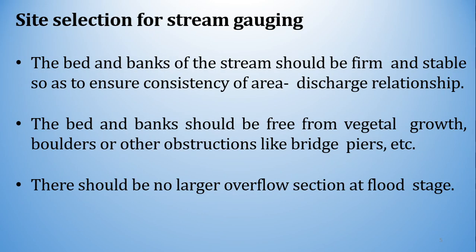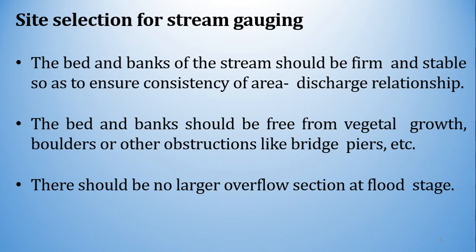Now the site selection criteria for stream gauging. The bed and banks of the stream should be firm and stable so as to ensure the consistency of data of area and discharge relationships.